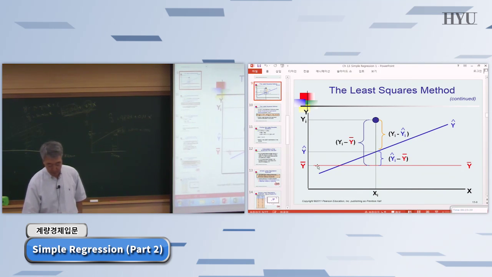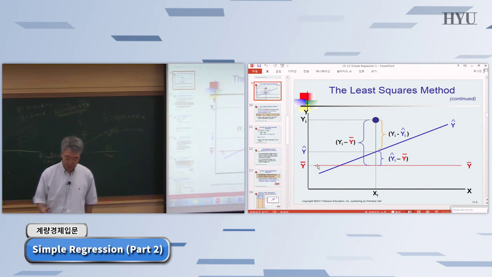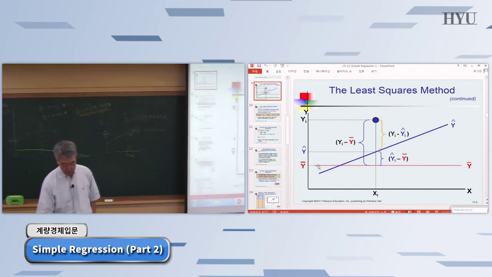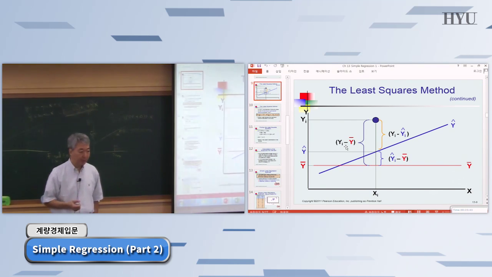Out of all the y values, we have this grand mean. So the total deviation, the total difference between the actual y value and y bar, is here. You can call this the total deviation, the distance between yi and y bar.